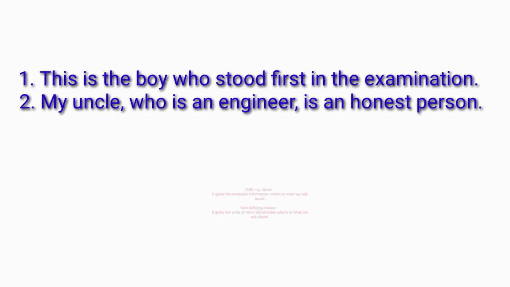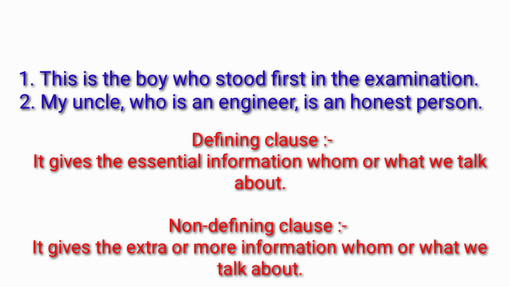I told you about defining and non-defining clauses in my previous class. Defining clause is a relative clause that gives essential information. Here, no comma is used. Look at the first example.